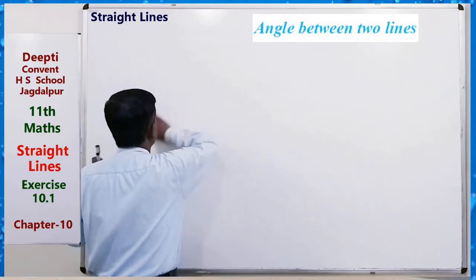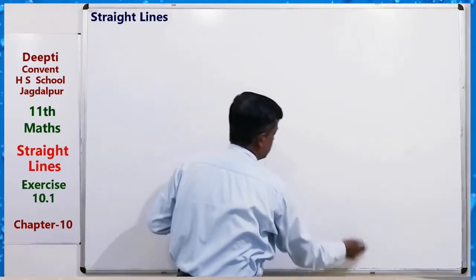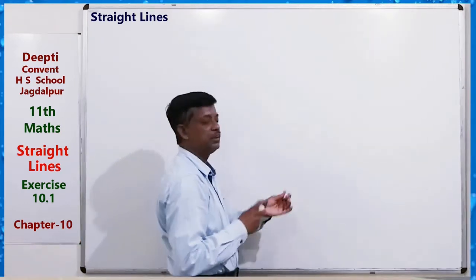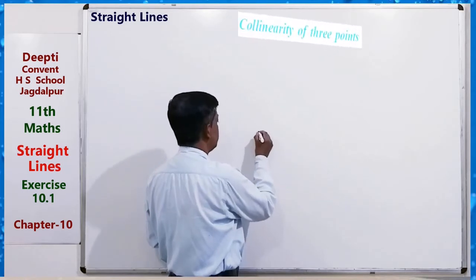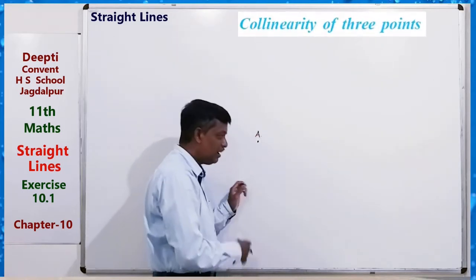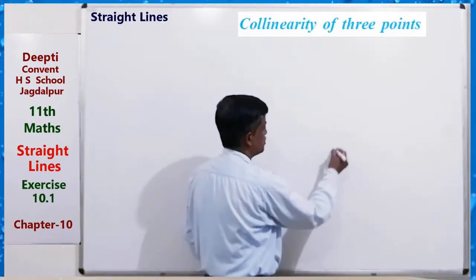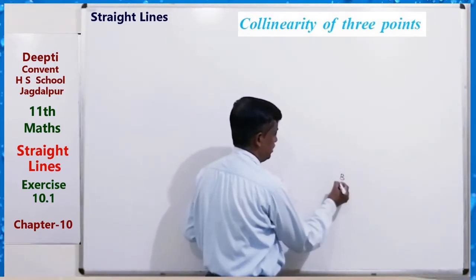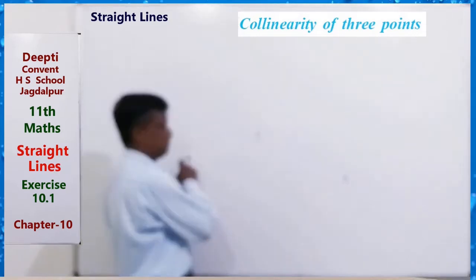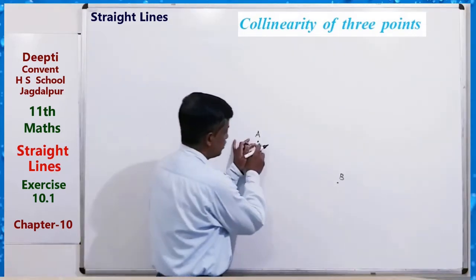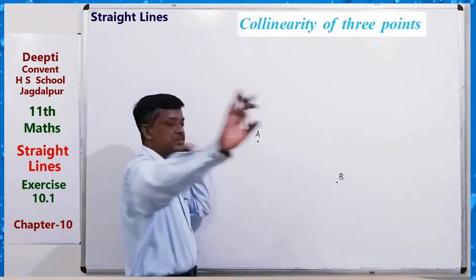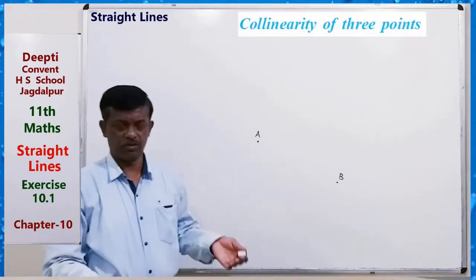So here diagrammatically we can see that suppose we have a point A, and in the plane another point you can draw anywhere. Suppose this B. So you can connect these two points and draw a straight line. So two points are always collinear.